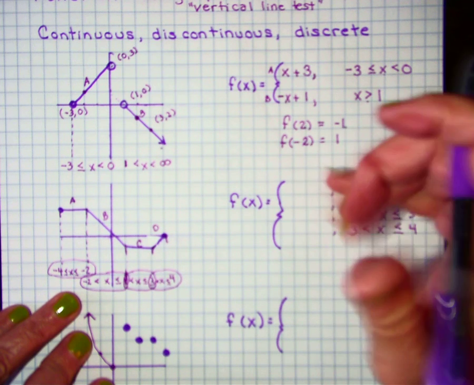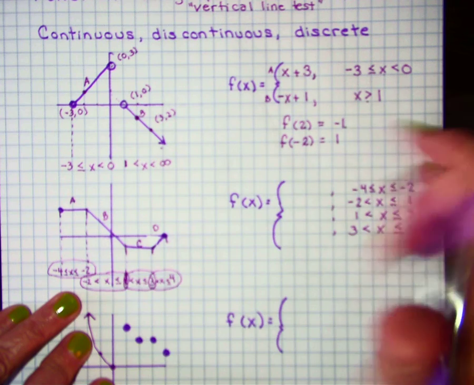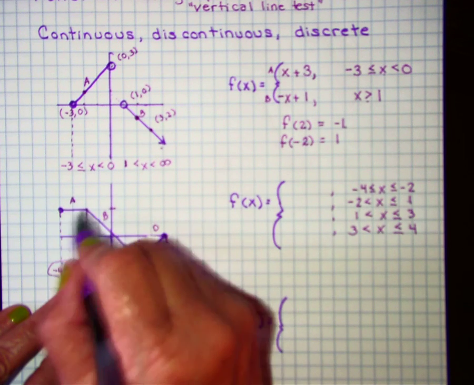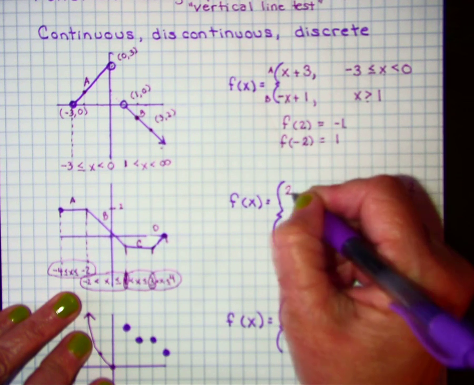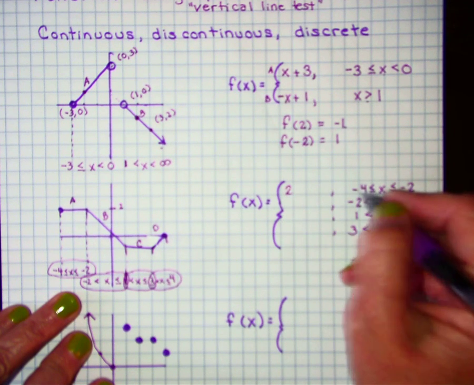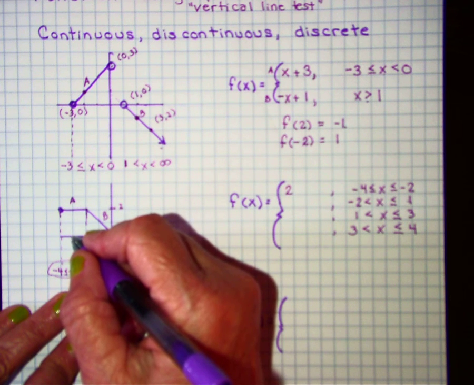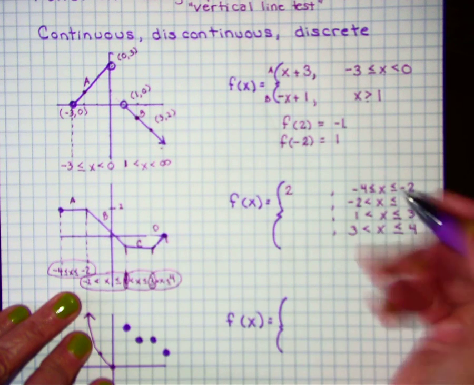Now I need to come up with what y will equal when x is between negative 4 and negative 2. So here I have a constant function. Y is always going to equal 2 when x is between negative 4 and negative 2. So if I ask, what's y at x equals negative 3? Well, y is 2. Okay?